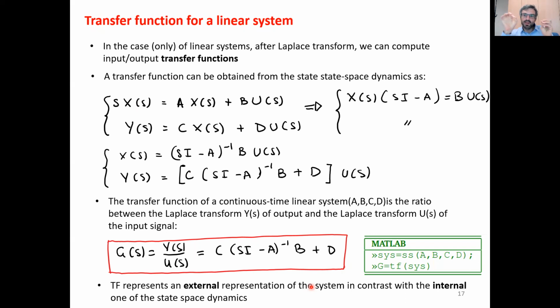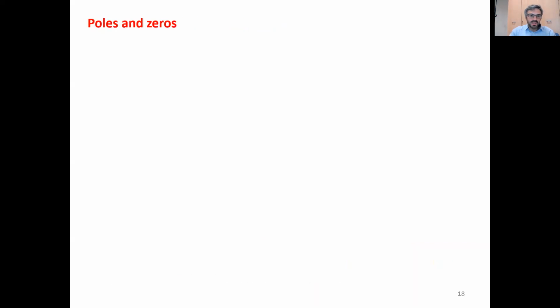From input and output, we have information only on that evolution. We don't know what happens inside the system, and what happens inside could be some additional dynamics that is not observable from the input and output. This internal dynamics is described by the state space equations, but not by the transfer function. So pay attention that the transfer function doesn't tell you everything.